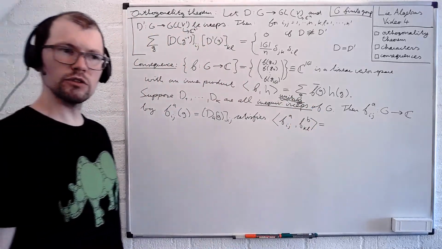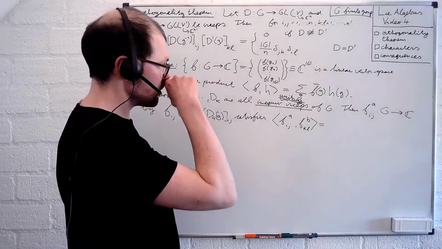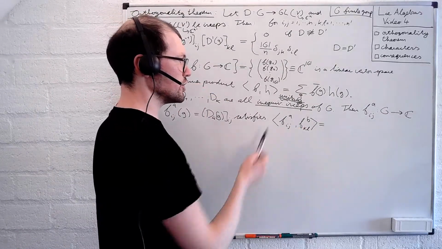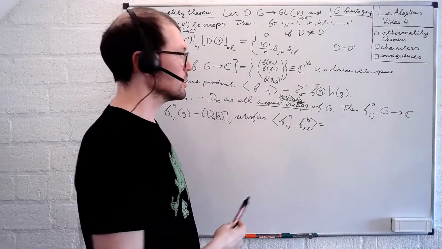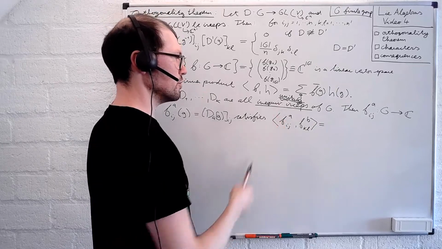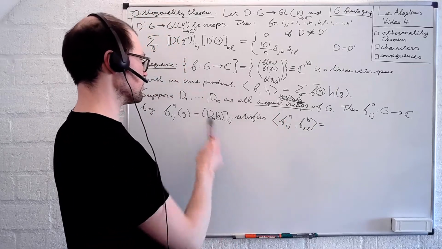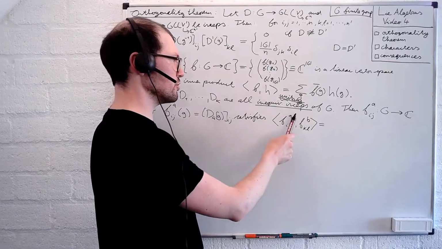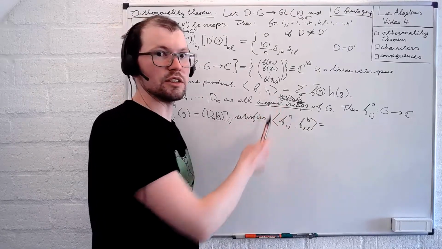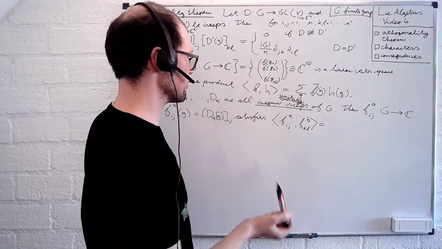And I'm allowed to do so because we saw that any representation of a finite group is actually equivalent to a unitary representation. So I can always find a complete list of irreducible representations that at the same time are also unitary.